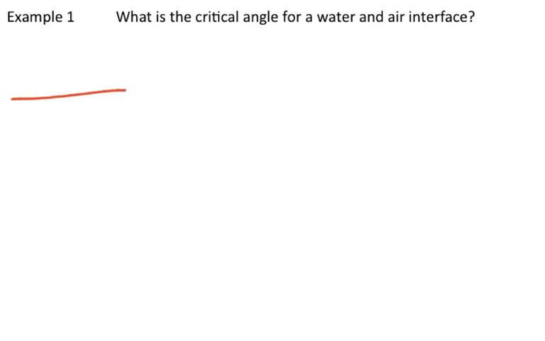So we have an interface, a boundary between water and air. To be completely honest, it doesn't matter which one is on top, but common sense, if we look at reality, water would be beneath air.